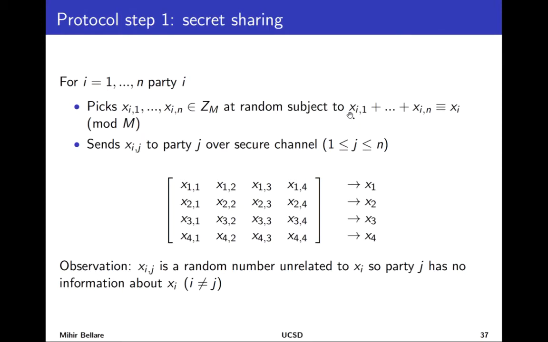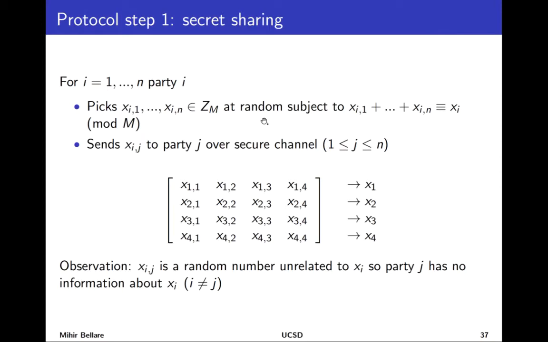What it does is it picks a whole bunch of other numbers, n of them, all in Z mod M, and in such a way that they add up to x_i, to its own value. Of course, this addition is modulo M, which is why we want mods over here, not as integers. Now, besides the fact that they add up to this, they're random. You can imagine picking all of them at random except one, which is set to solve the equation.